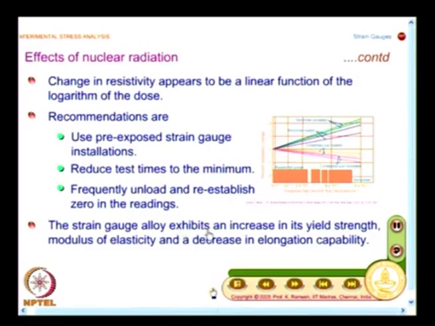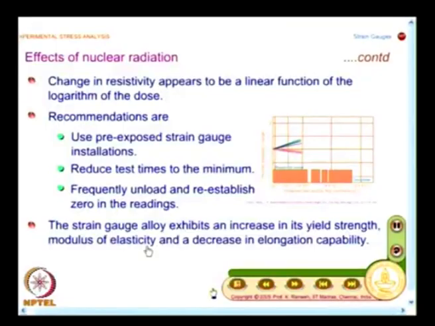You need to look at, surprisingly, that there is an increase in its yield strength as well as modulus of elasticity. Normally, many of your heat treatment approaches or alloying will improve the yield strength, no doubt, but none of these operations will modify the elastic modulus.